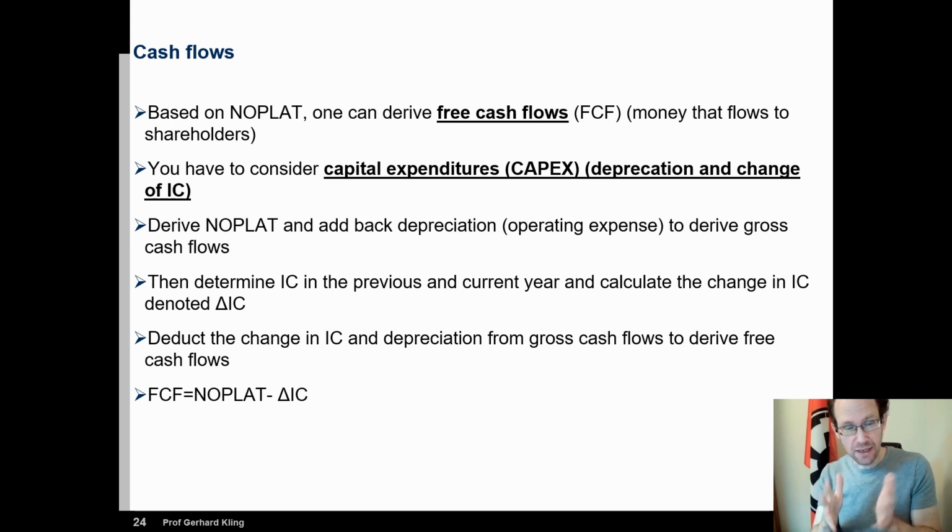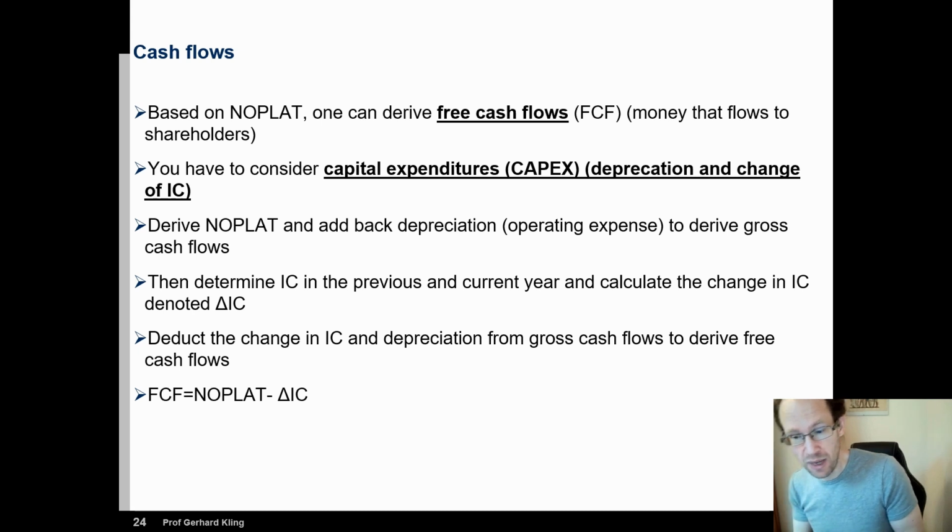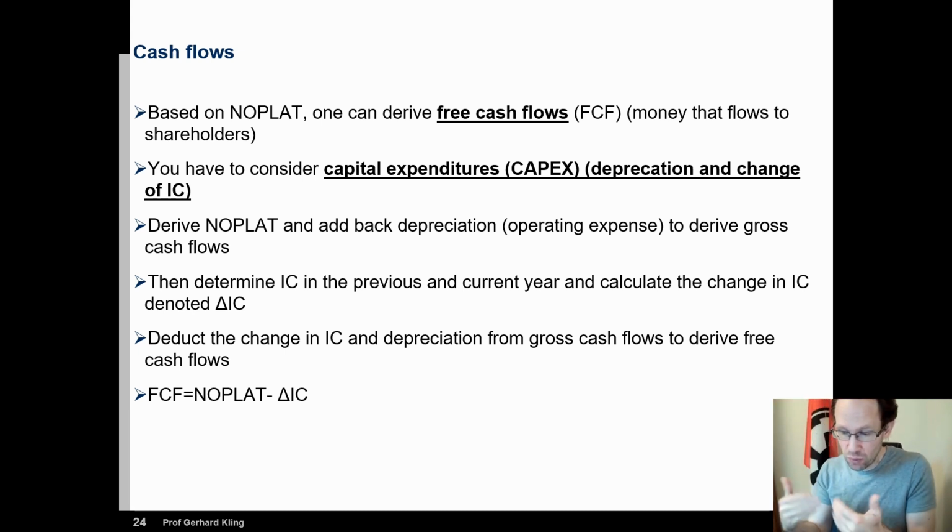So we have done our NOPLAT, so we know the money we make from the business, so that's an important aspect. But how do we get from NOPLAT to the cash flows that we can use to distribute to shareholders and debt holders? So again, the focus in our case is on the so-called free cash flows.